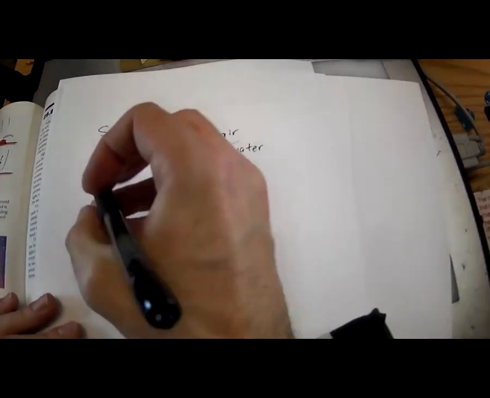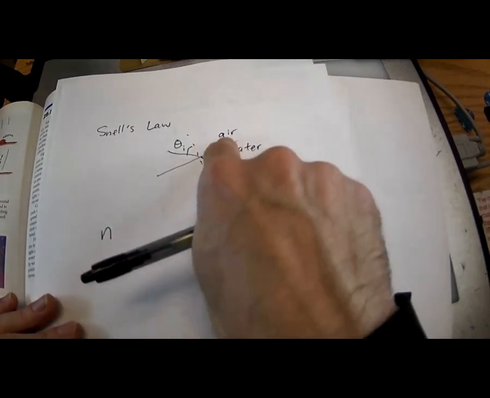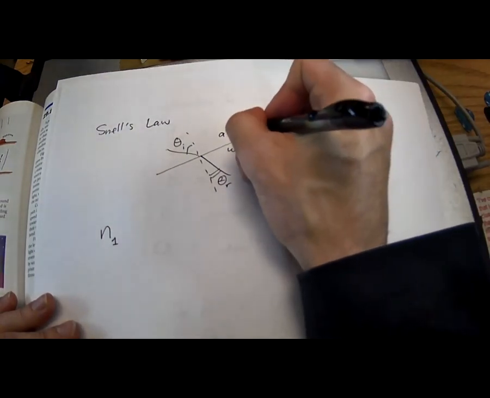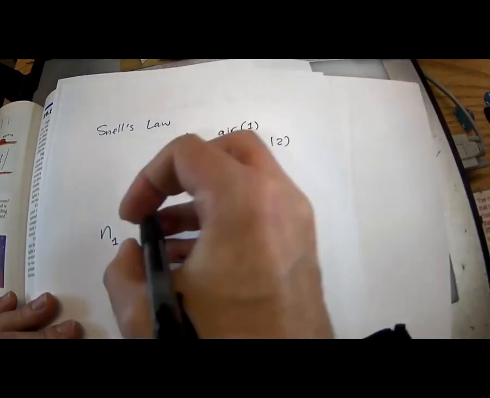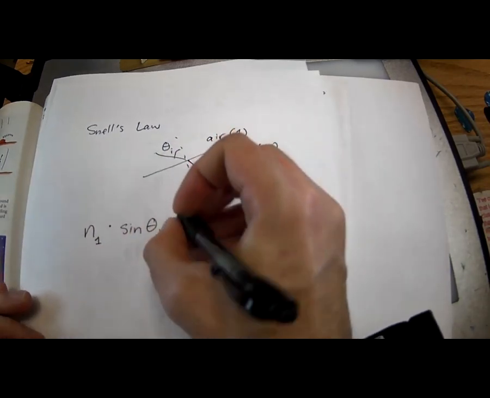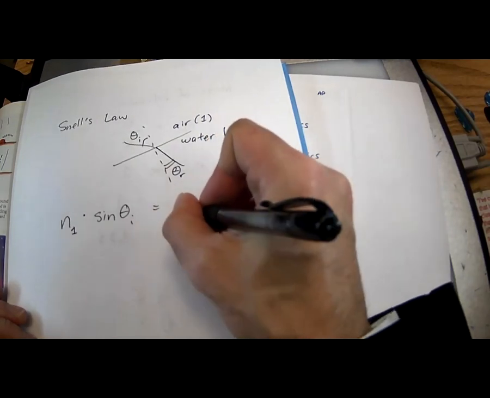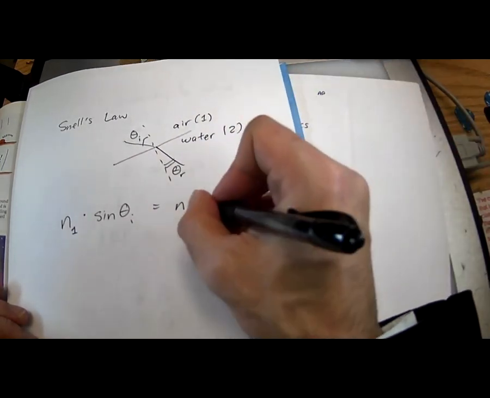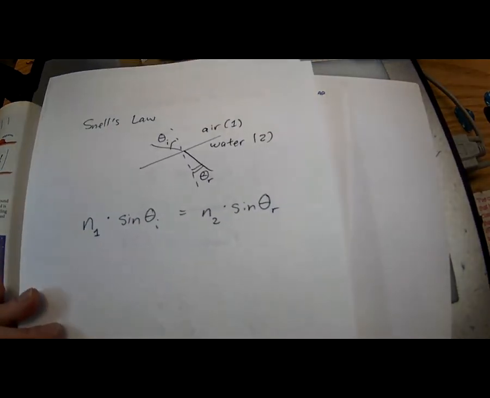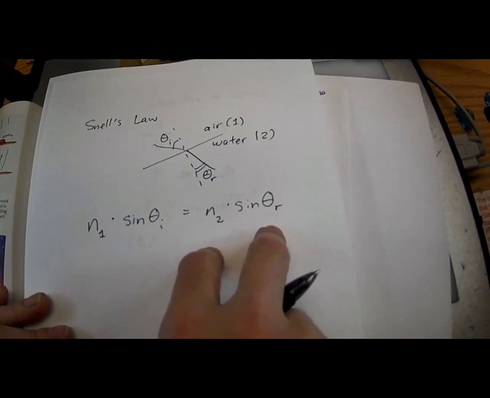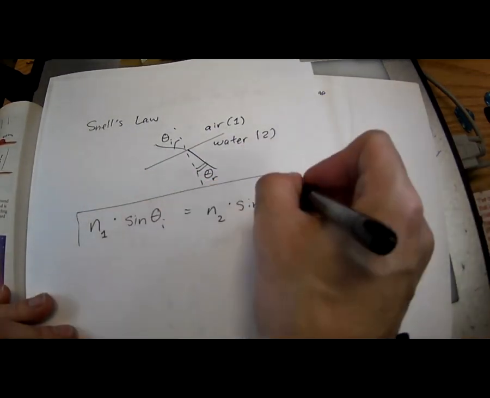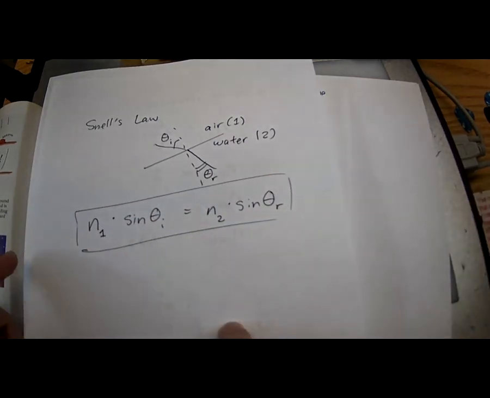It says that the index of refraction of air, or material 1, multiplied by the sine of the angle of incidence is equal to the index of refraction of the water, in this case, or material 2, times the sine of the angle of refraction. That's called Snell's law. There's a geometry proof for this. You have to think really hard how to put it together, but that is Snell's law. It tells you how much something is going to refract.